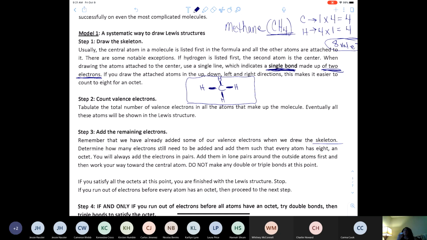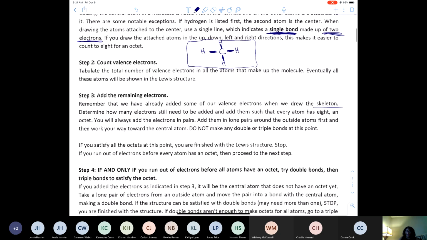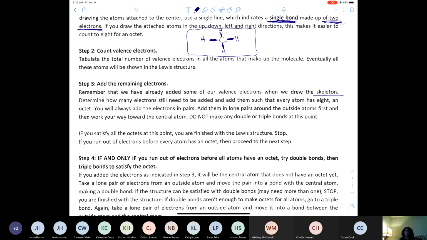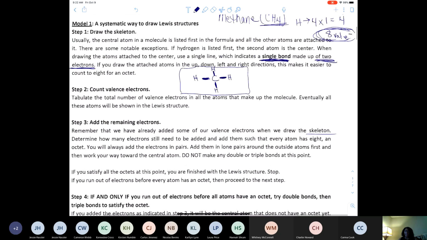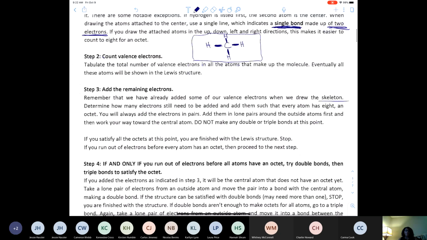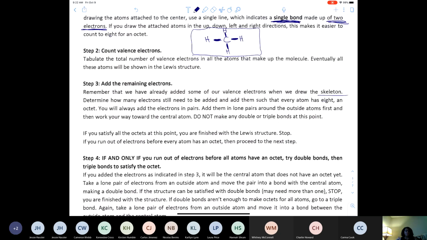Now, if I was drawing another molecule's Lewis structure, and after drawing the skeleton I still hadn't reached my total required valence electron count, then I would need to proceed on with step 3. I'd count how many I've already put into my skeleton, subtract those from the total count, and that will give me how many more electrons I still need to put in my Lewis structure.